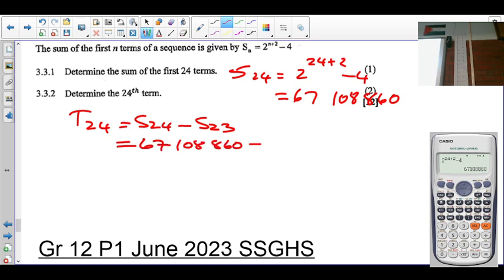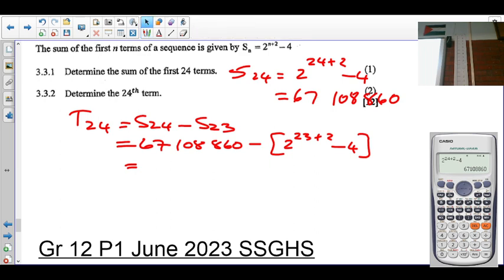6710860 minus S23. Open brackets is 2 to the 23 plus 2 minus 4. Okay. So let us put the answer. That's the last answer calculated. Minus open brackets. So it will be 23.